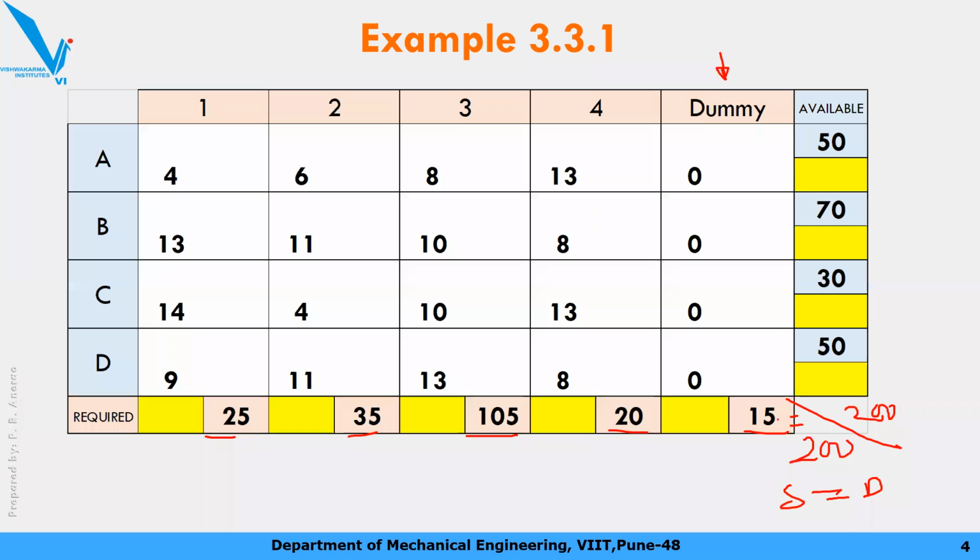Whenever you face an unbalanced transportation problem, either add a dummy column, which will create a dummy demand, or create a dummy row, which will create a dummy supply. Okay, whatever the difference is, add that much supply. So this way you balance out your transportation problem.